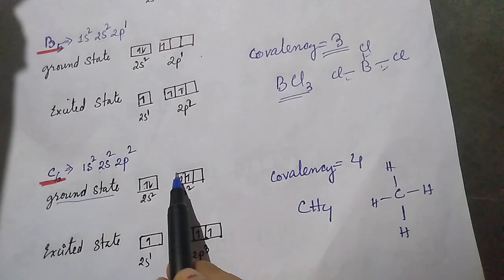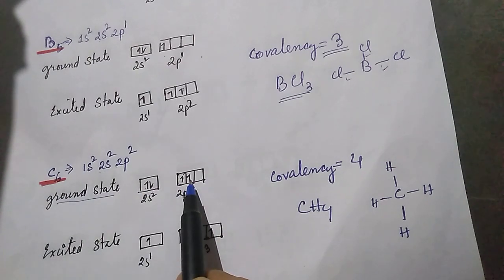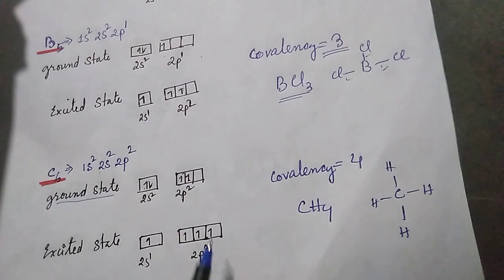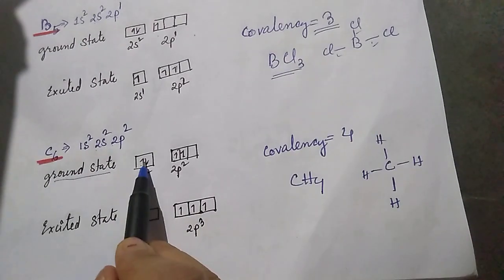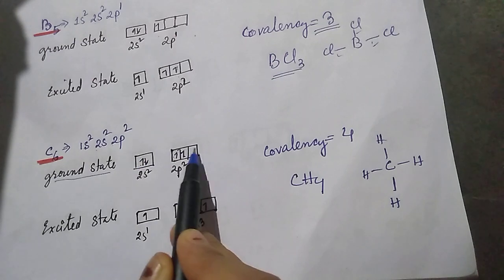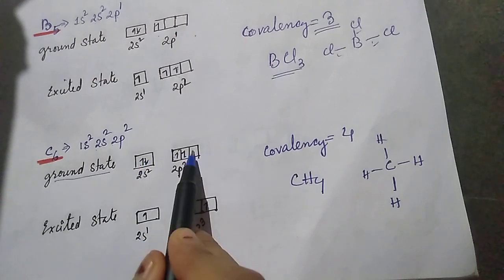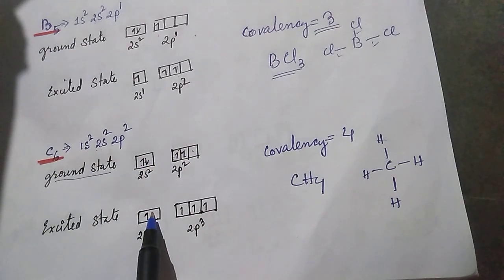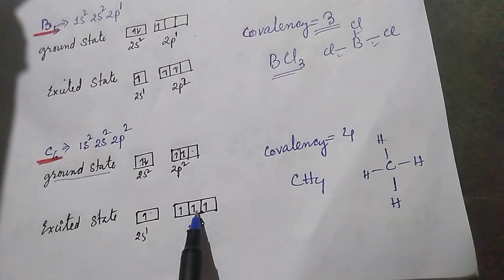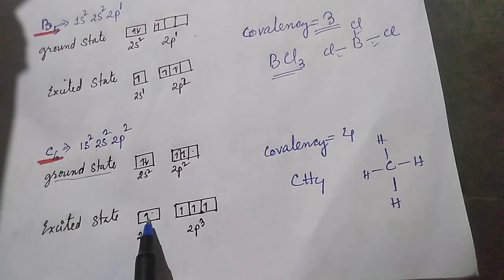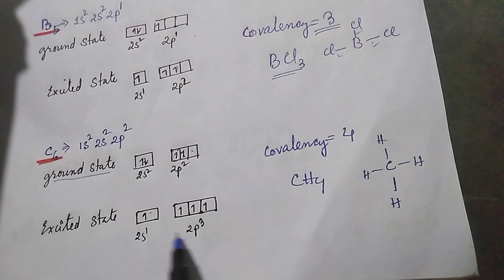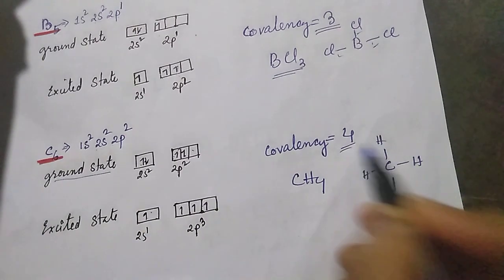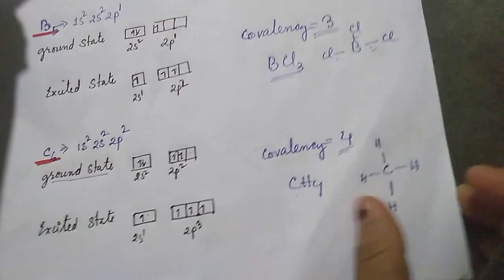And how many electrons in the p orbital? 2 electrons. Then in the excited state, 1 electron will jump to the next higher orbital. So how many unpaired electrons? 1, 2, 3, 4. So the covalency will be 4. We have the CH4 example.